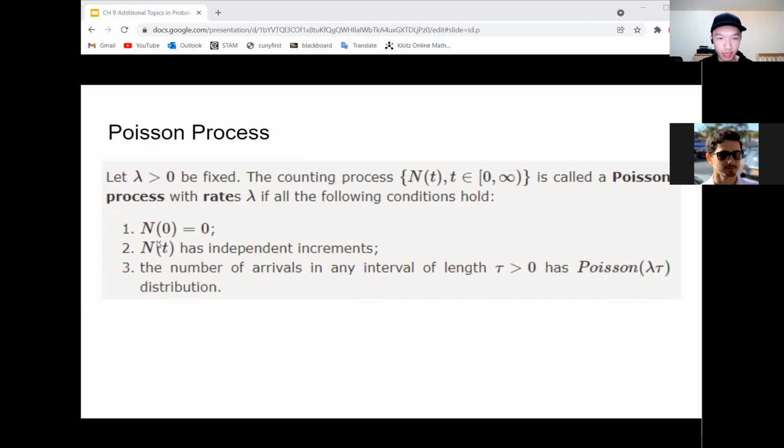And then point number 2 says N(t) has independent increments. So what does that mean? Well, it basically means that if you were to analyze 2 different time intervals, so let's say you're analyzing from 10 a.m. to 11 a.m. So let's say that's your first interval.